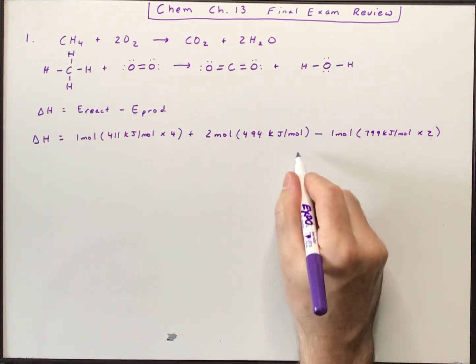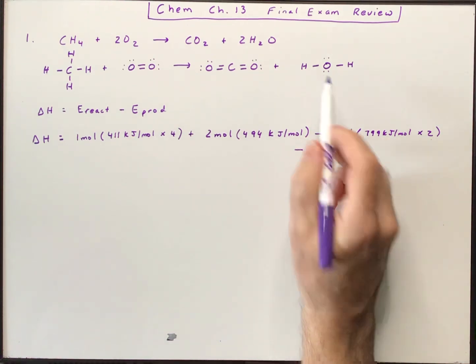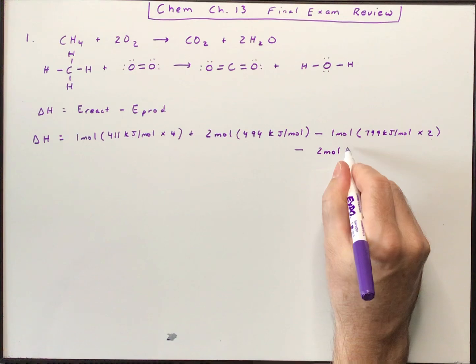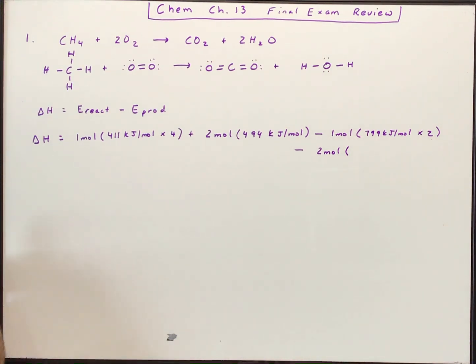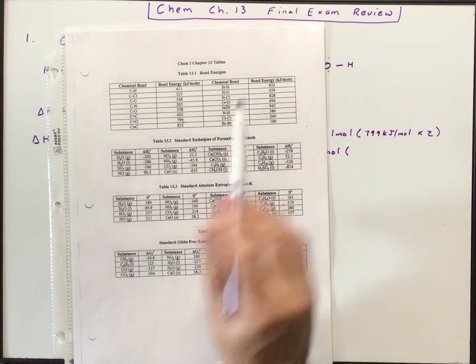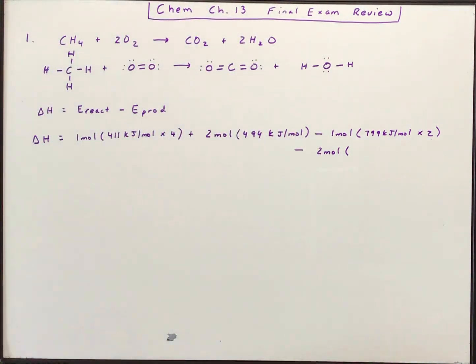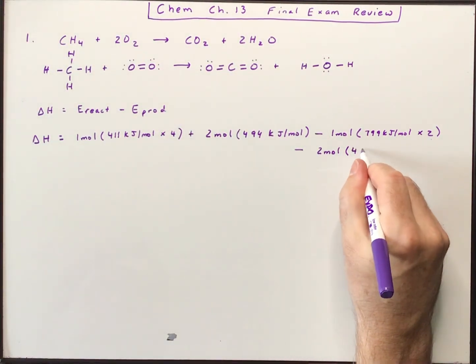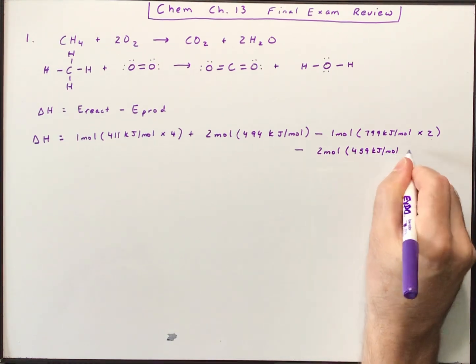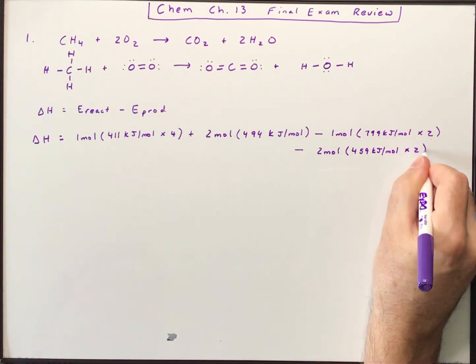And then, finally, we're going to subtract out 2 moles. So we're on the water now. And we have each H-O bond is 459. And then there's 2 of those.